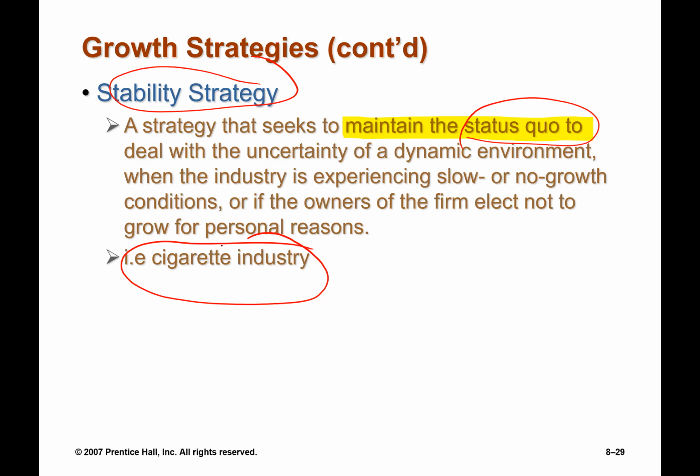Why can they not grow? Because when you are in the cigarette industry, you are associated with a lot of governmental rules and regulations and tax issues. So you never know. This year you might be in this situation, but next year you never know.